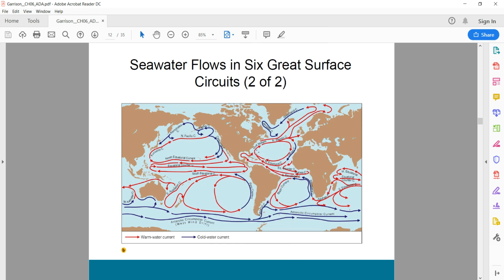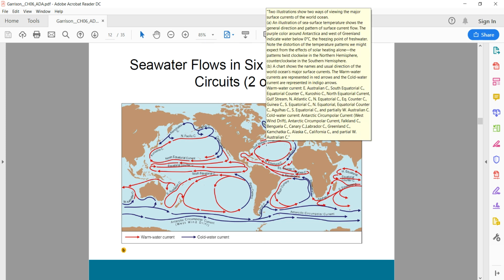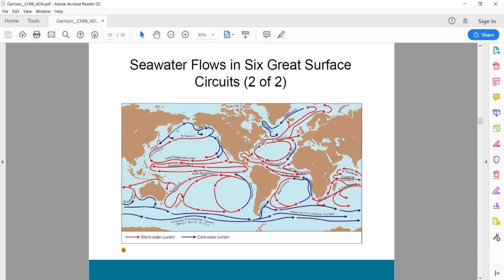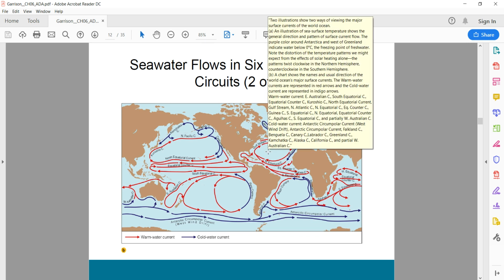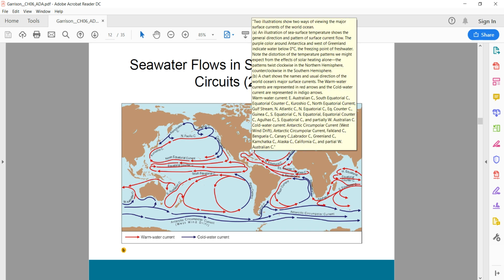But if you look at the Washington area, this warm water from the equator rises up and brings a warmer environment in this region. So even though they are at the same latitude, they have different weather conditions.